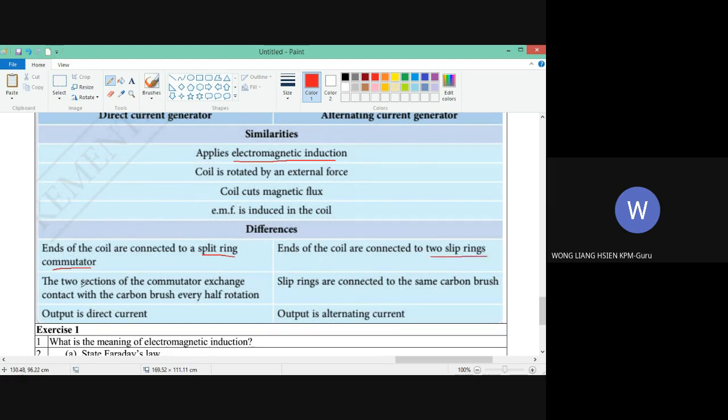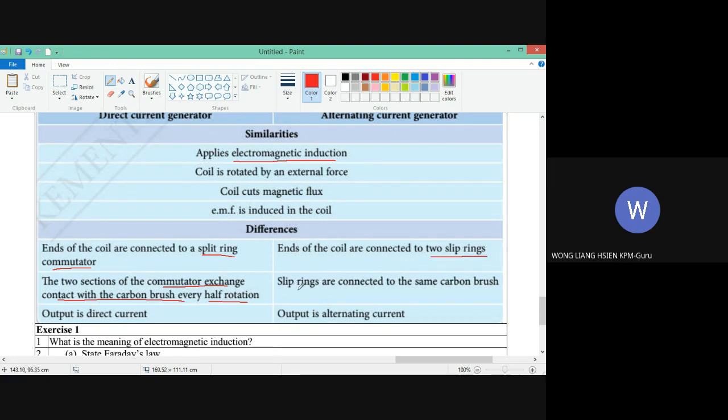In the direct current generator, the two sections of the commutator exchange contact with the carbon brush every half rotation. That means when you rotate 180 degrees, the contact changes from one commutator section to another. So the same carbon brush will connect to a different commutator section every 180 degrees of rotation.